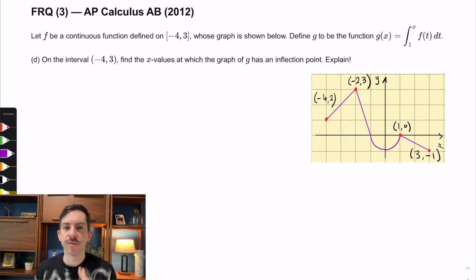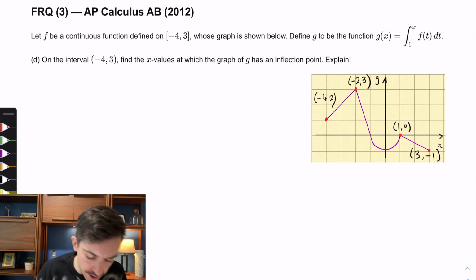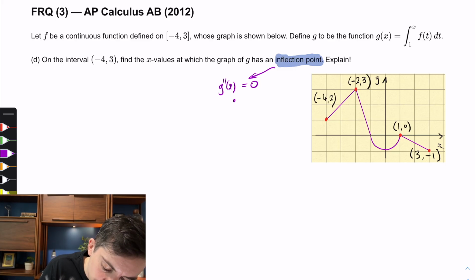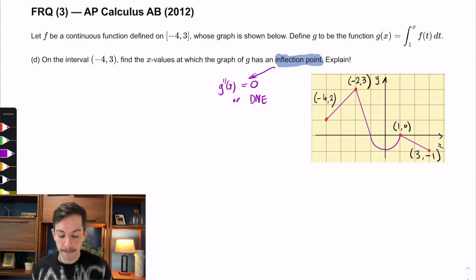Okay, home stretch, final part, part D. Here, we're asked to find the x values at which g has an inflection point and explain our working. So, for inflection points, I know that means I need the second derivative either needs to be 0 or does not exist.